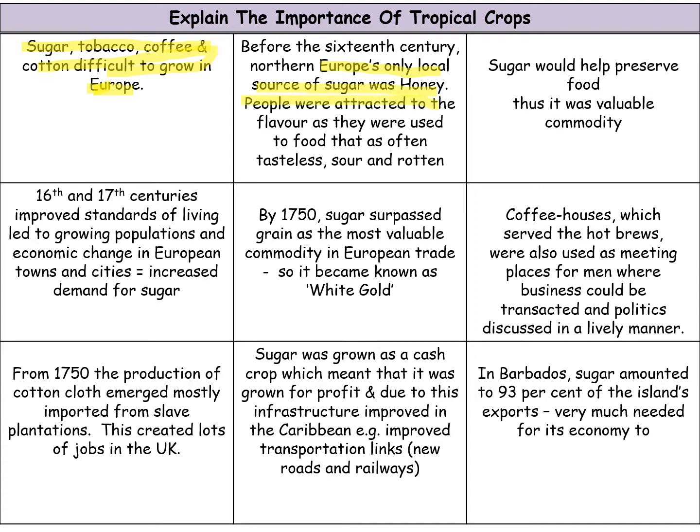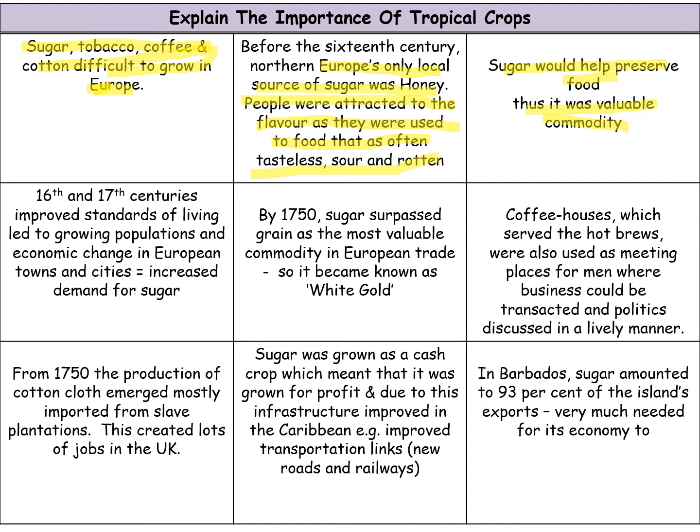People were attracted to the flavour as they were used to food that was often tasteless, sour and rotten. Sugar would help preserve food. So it was a valuable commodity, so it's quite a bit we're writing here.